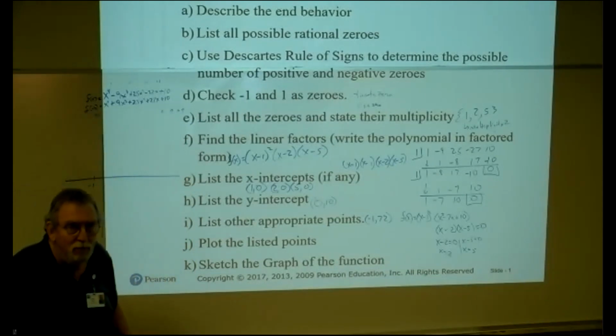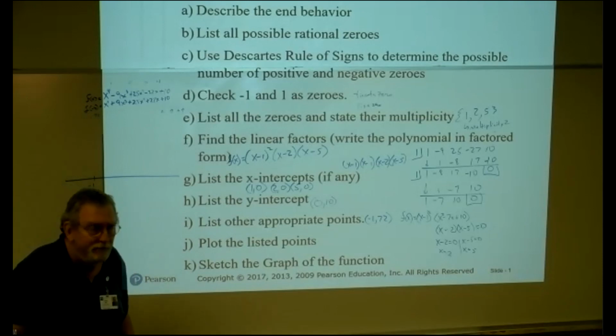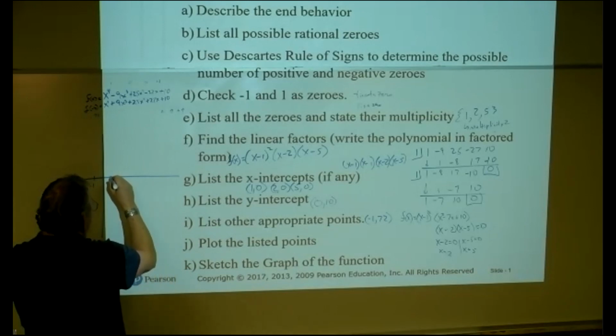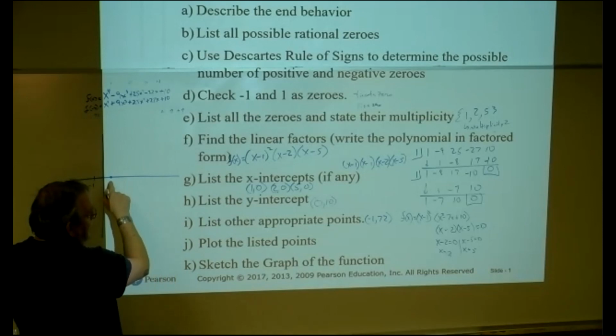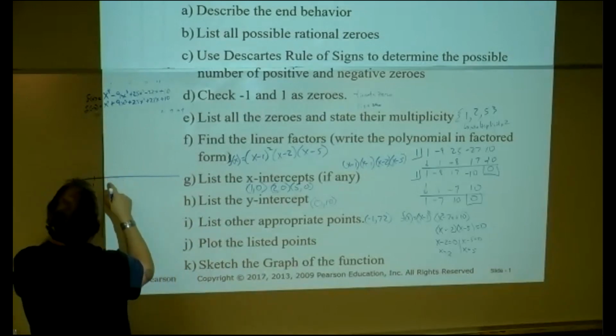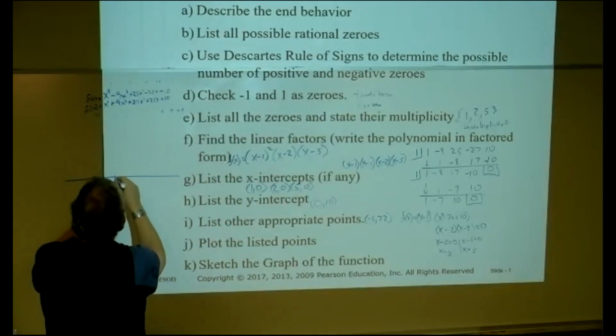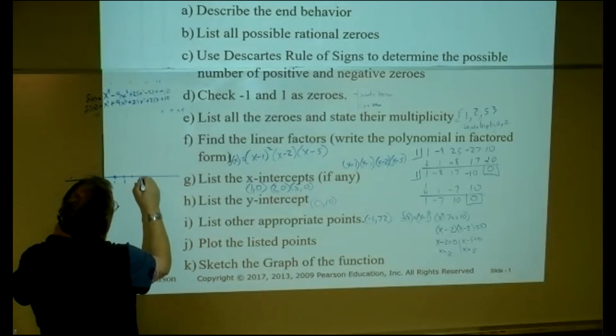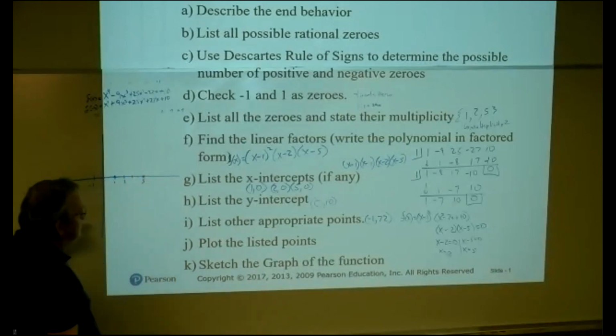And it probably won't be on my graph. And at positive 1, trying to keep my scale the same, and then 2, we have zeros. And then 3, 4, and 5, we have zeros.